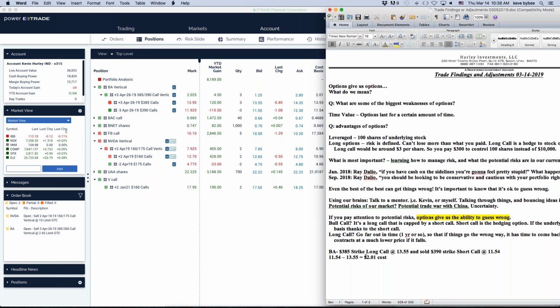Cost basis. And you can see here, $1.01 difference in price between these two.